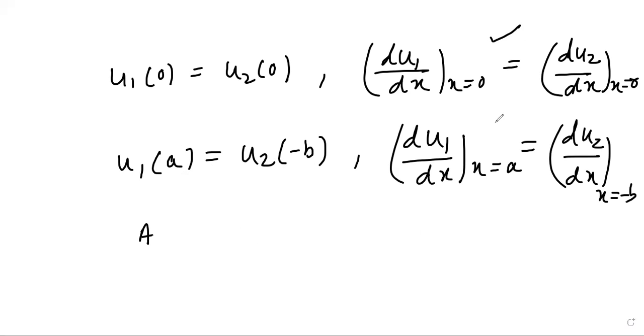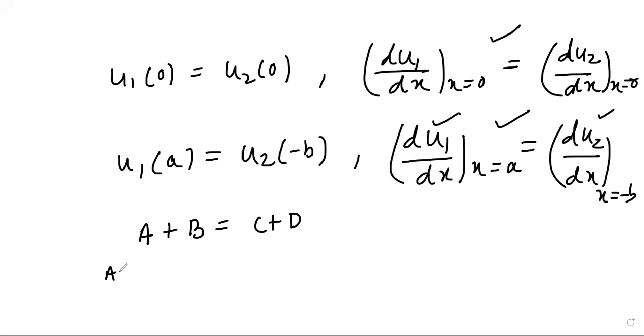Similarly, the first derivative at x equals 0 of u1 and u2, at x equals a, and at x equals minus b. It will give us four homogeneous equations. The first condition will give us a plus b equals c plus d, if we substitute in the general solution that we have already written.